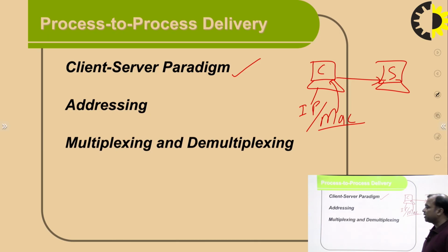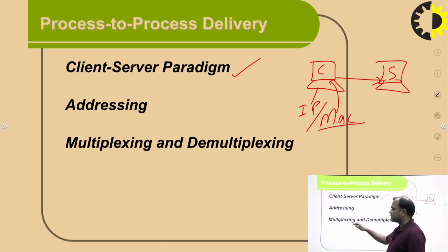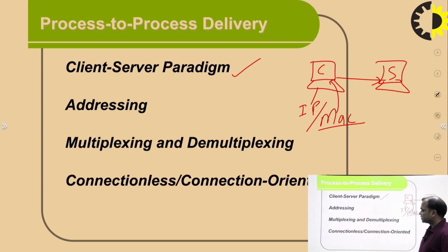Next is multiplexing and demultiplexing, where we see how data is multiplexed over a single channel over the network and then demultiplexed again. Next are connectionless and connection oriented, already discussed, and reliable and unreliable.